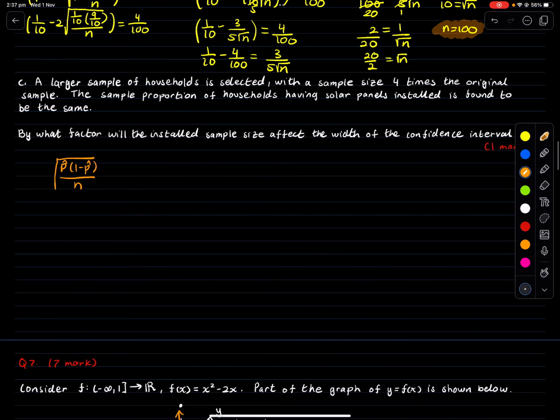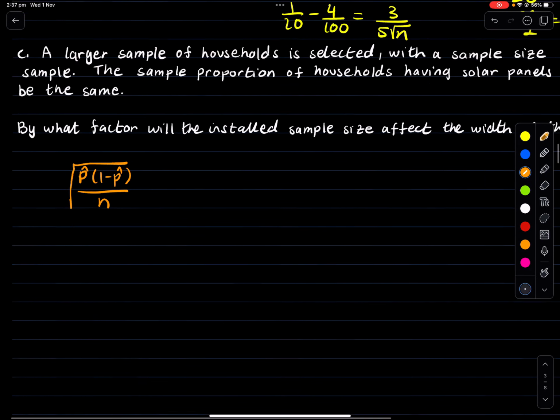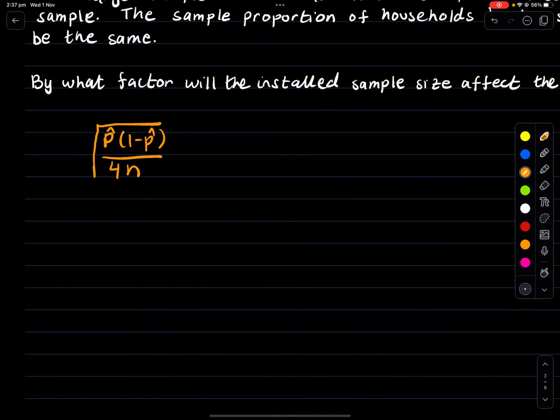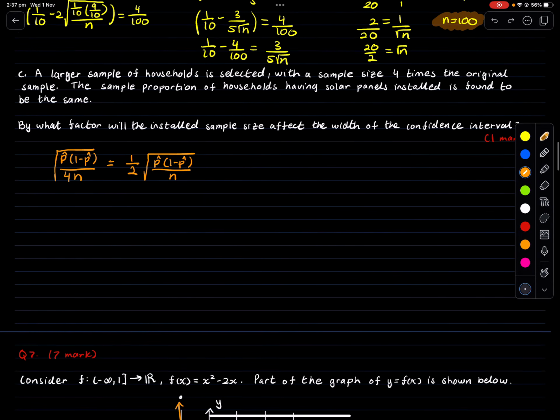We know that with 4 times the original sample, this just becomes 1 over 2 times the square root of p hat 1 minus p hat over n. So this over here is our original width, and it just becomes dilated by a factor of a half. That's the factor.